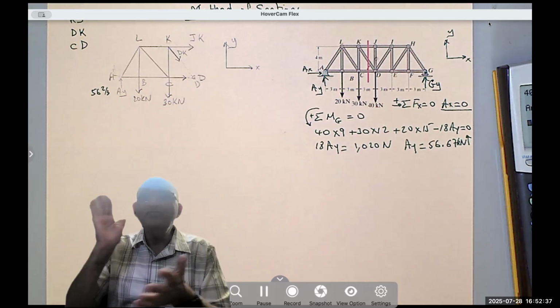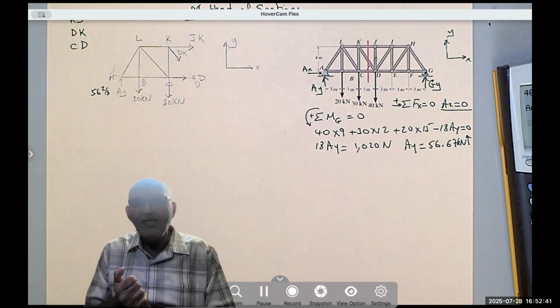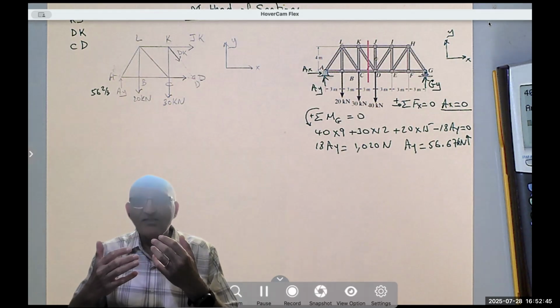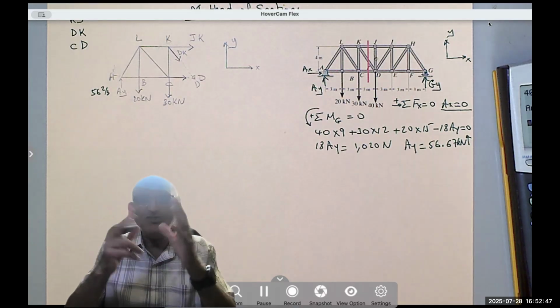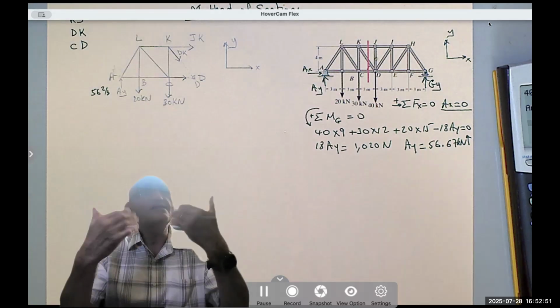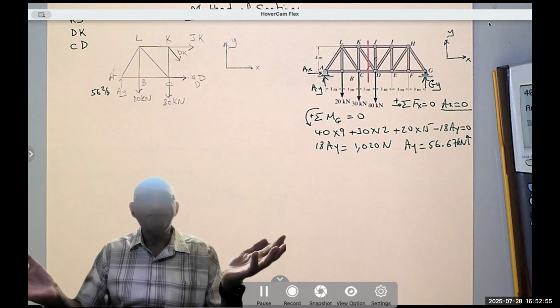If I have neither two parallel to the X nor two parallel to the Y, meaning each pair of the three forces intersects at a point, take the moment about that point. How could it be any easier?